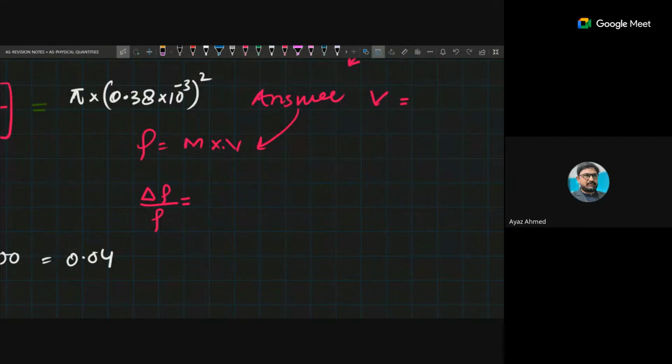Density involves uncertainty due to some variables: delta m over m because mass has uncertainty, delta L upon L because length has uncertainty, and delta D divided by D because diameter has uncertainty.